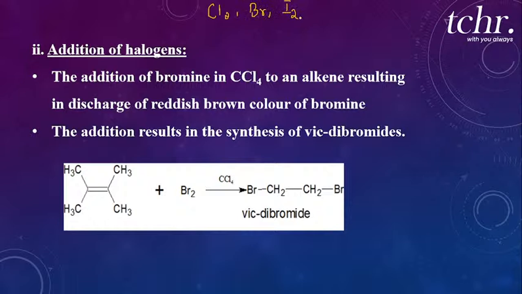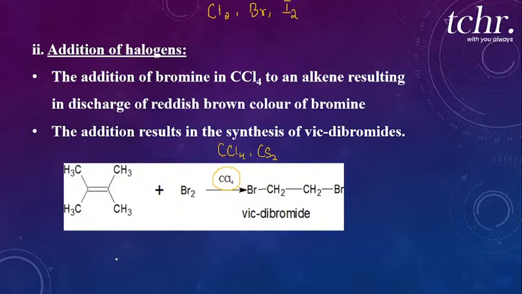I can add these halogens directly to the alkenes, but it happens in the presence of non-polar solvents like CCl4, carbon tetrachloride, or carbon disulfide. These are very good non-polar solvents to add halogens to alkenes.